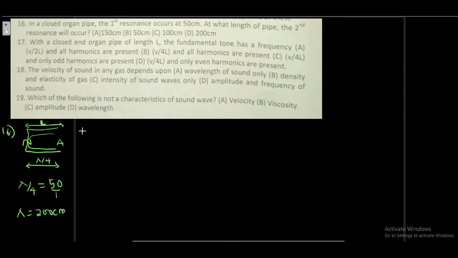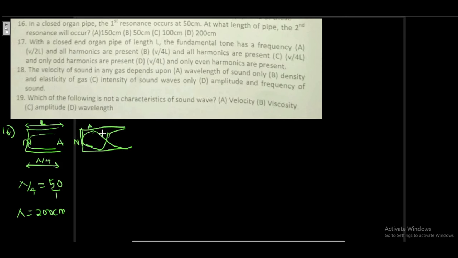Now the second resonance will also start with a node and end with an antinode, but it's going to have 2 loops. So we're going to have something like this: node, antinode, node, and antinode. This is the first resonance, and this is going to be the second resonance.